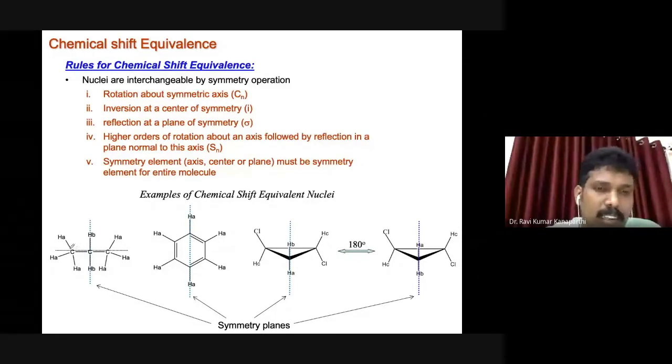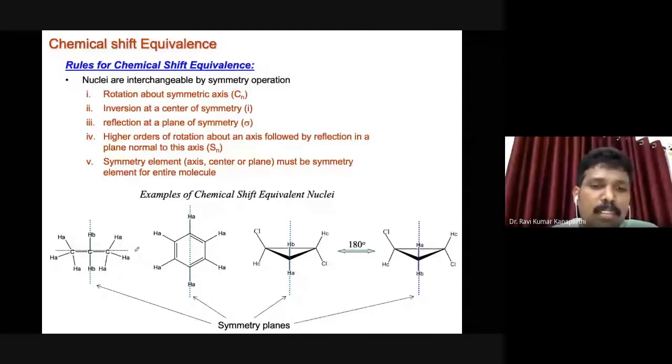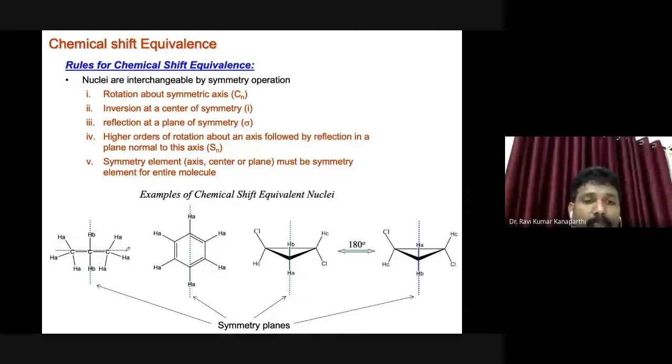So identical. You can see that these two methyl groups are interchangeable. Therefore, we say that they are identical and they are chemically equivalent protons with regard to the chemical shift.